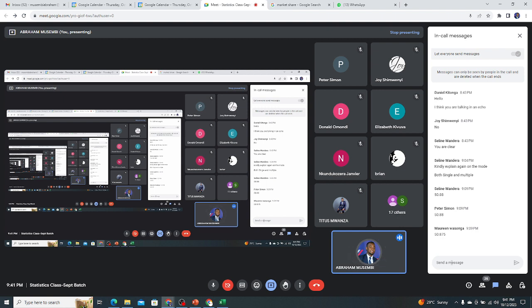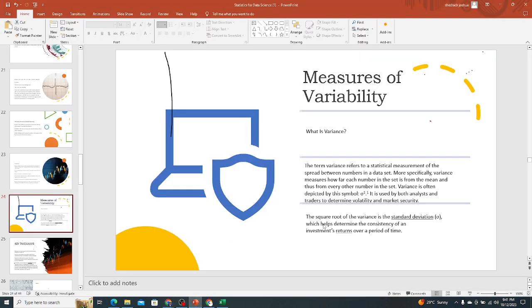Also when we come to standard error, if you are given two different standard error values, you can know which one shows a better model. So any value which is close to zero is a small value, and with that we have less variance.